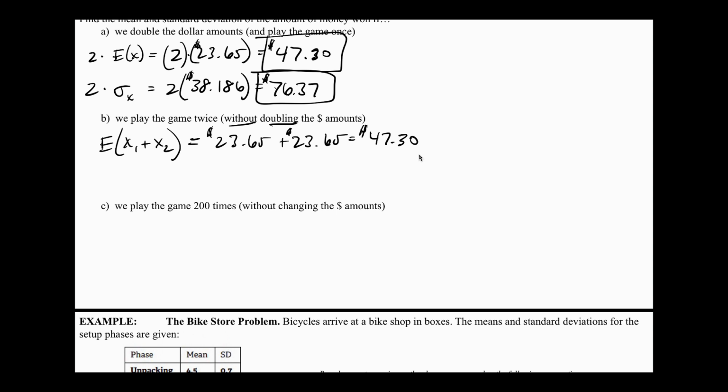Standard deviation, though, is going to change, because it's the first one squared, so $38.38 squared plus 38.186 squared.